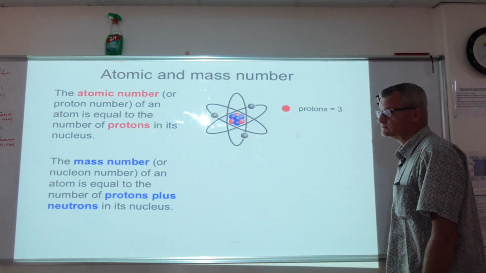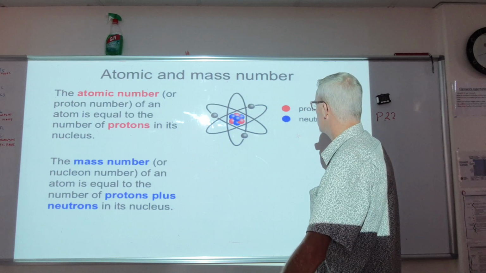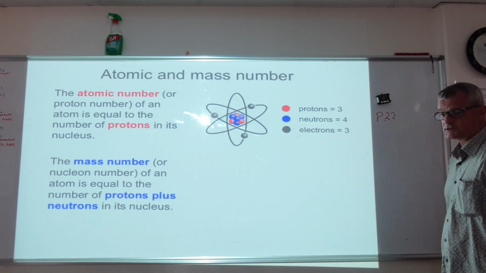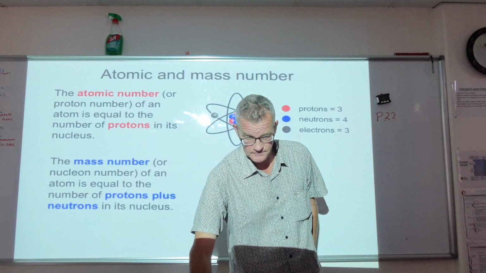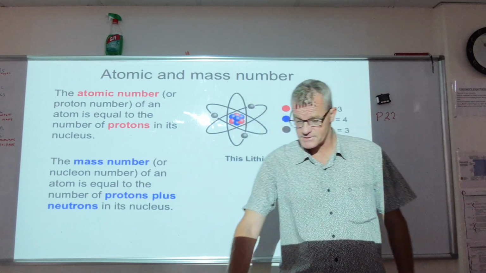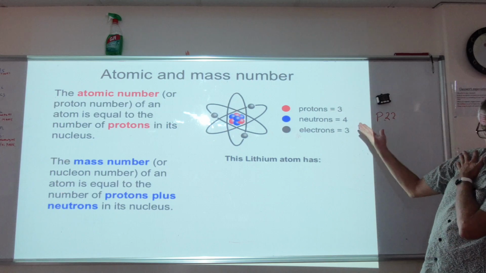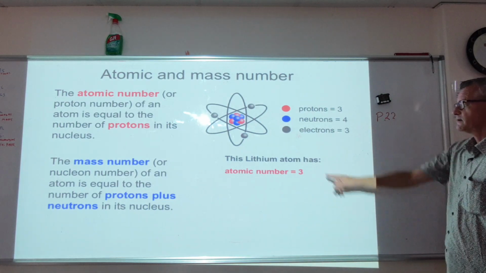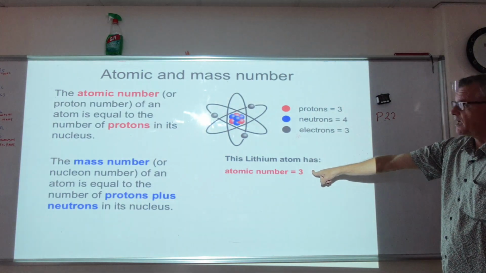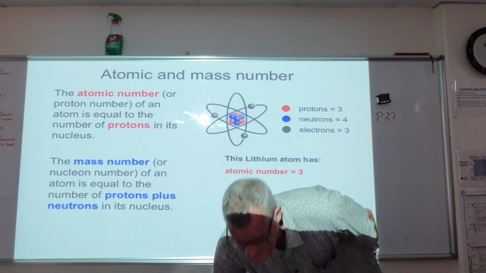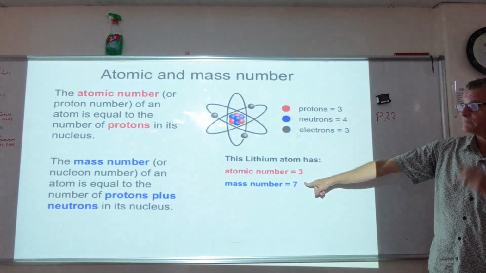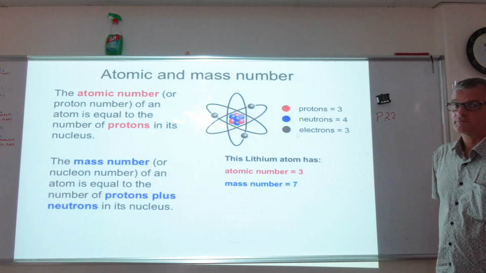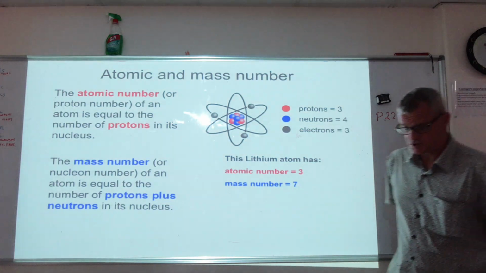Well, in this case we have 3 protons, 4 neutrons and 3 electrons. So the lithium has an atomic number of 3, and the mass number will be 7. Don't forget this. Again, pause the video and make some notes.